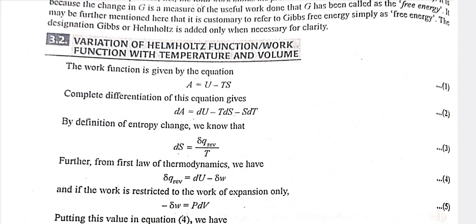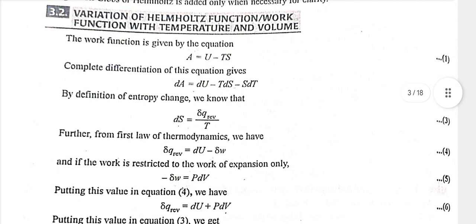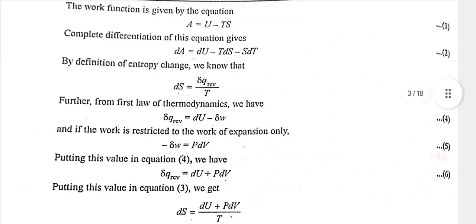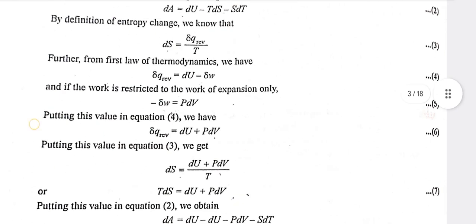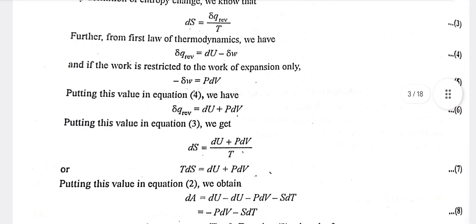Variation of Helmholtz function with temperature and volume. The work function is given by the equation A is equal to U minus TS, dA is equal to dU minus TdS, dS is equal to del Q by T. Further, from the first law of thermodynamics, we have del Q is equal to dU minus del W. And if the work is restricted to the work of expansion only, minus del W is equal to PdV.